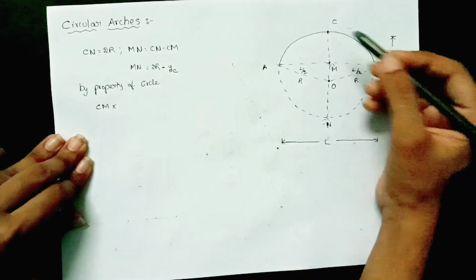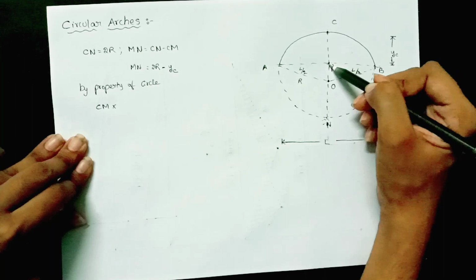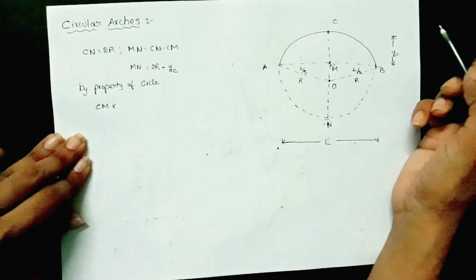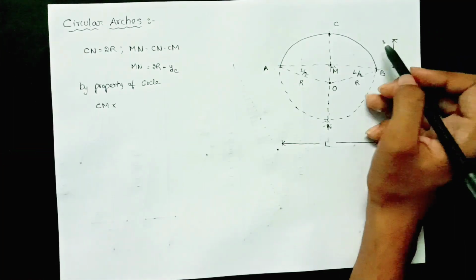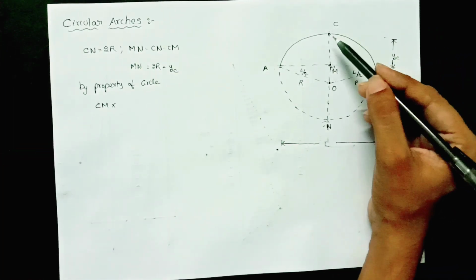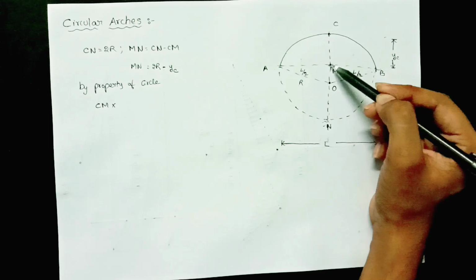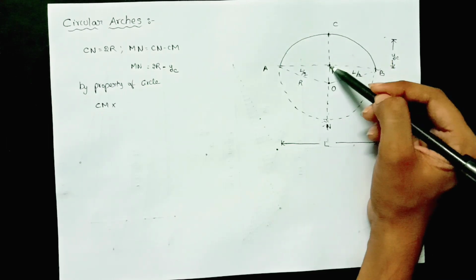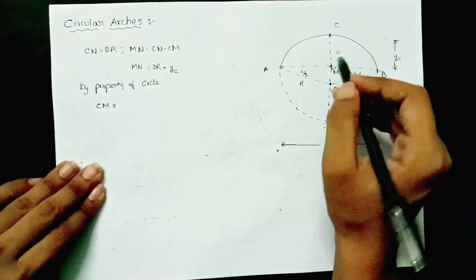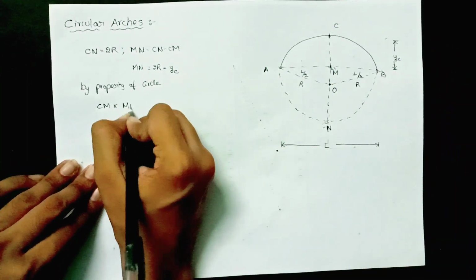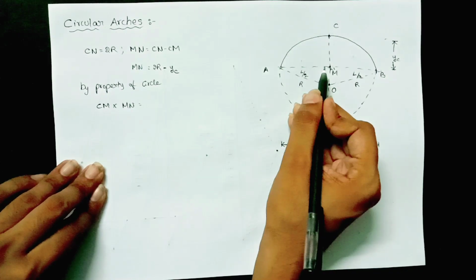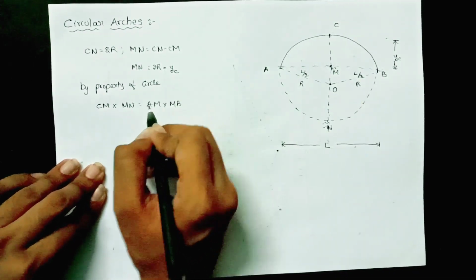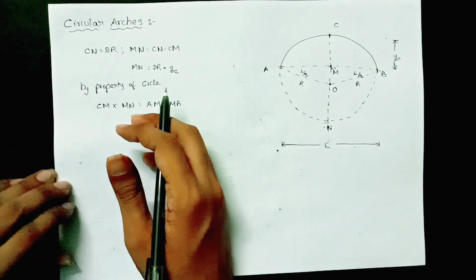Now by the property of the circle, we can say that CM into MN equal to AM into MB. This is the property of the circle we are using for this derivation. Now substitute the values which are known.